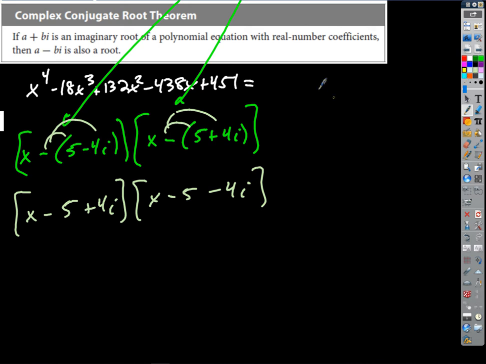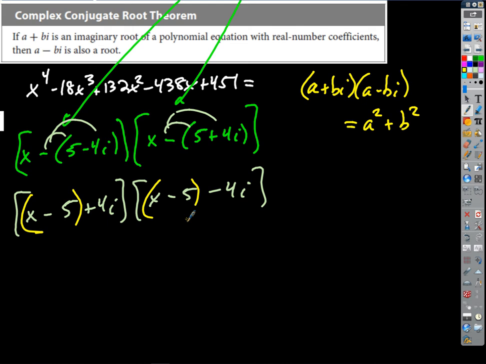If I have complex conjugates, a plus bi times a minus bi, what's the answer? It's going to be a squared minus b squared i squared. I squared is negative 1, so just a squared plus b squared if I multiply complex conjugates together, right? So could I regroup this?